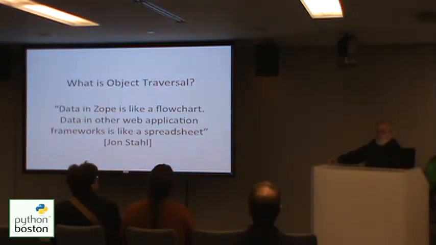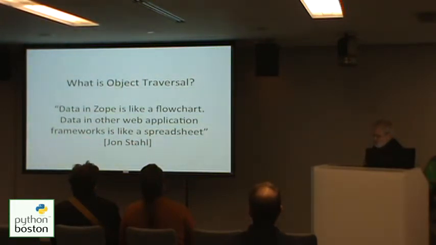But since it can match more than just objects itself, you can also match methods and keys and whatnot. You can do some pretty creative things with that. I like this quote from John Stahl, a former foundation president, but it doesn't matter. Data in Zope is like a flowchart.